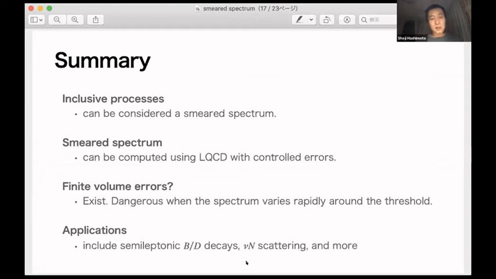But in this method, we can analyze whatever the energy is, so that you can access the low energy scattering region that is relevant to the most recent neutrino experiment, and inelastic scattering relevant to the neutrino experiment. So such an application would also be interesting. Okay, that's it. Thank you very much.